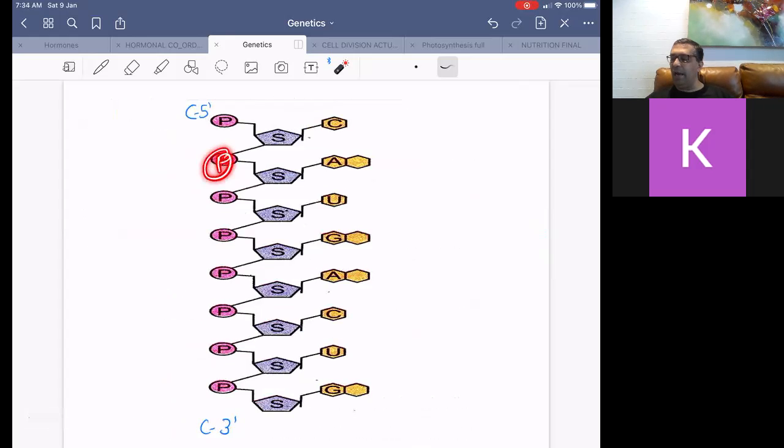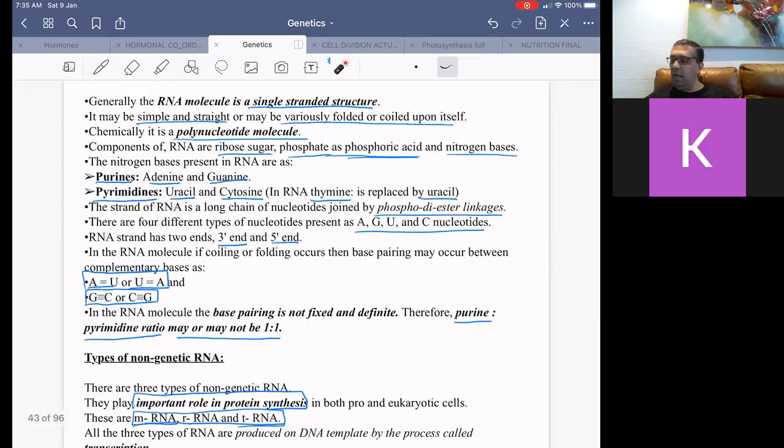RNA has four different types of nucleotides: adenine, guanine, uracil, and cytosine, and it has got two ends, the C5 end and the C3 end, exactly as in DNA.